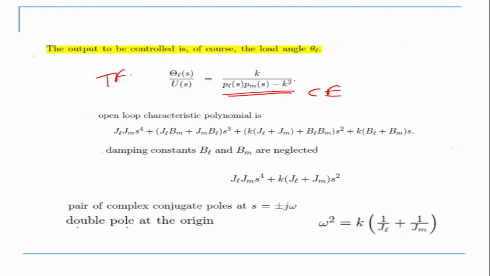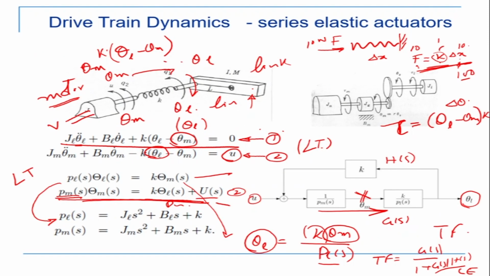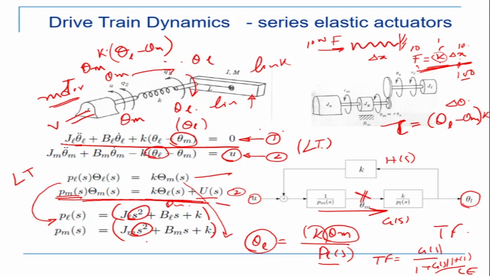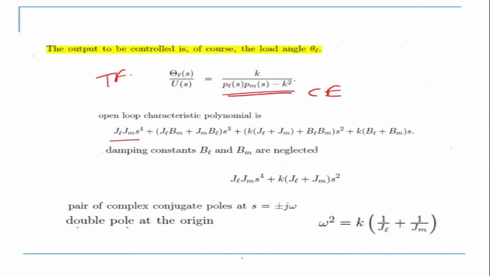Now please note that it is PL into PM. If you just go back and see, PL is S squared, PM is S squared. So PL into PM becomes S raised to 4. So we are getting S raised to 4. Okay. So it's just a question of multiplying this into that, PL into PM. So what we get is this equation. Now this equation has s raised to 4.